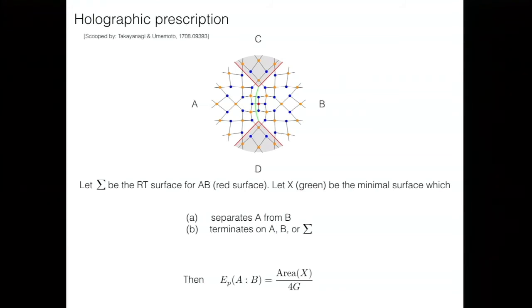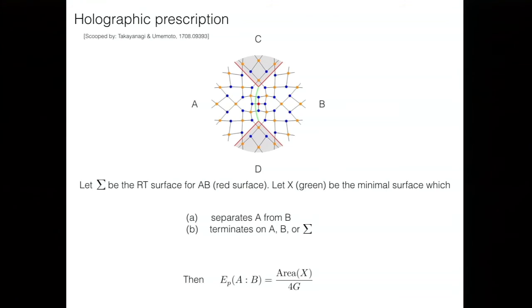So to generalize this picture here, to compute the entanglement of purification between A and B, first find the RT surface which separates AB from the rest of the system. So that was the red lines. And then you can think of sort of just cutting those out.